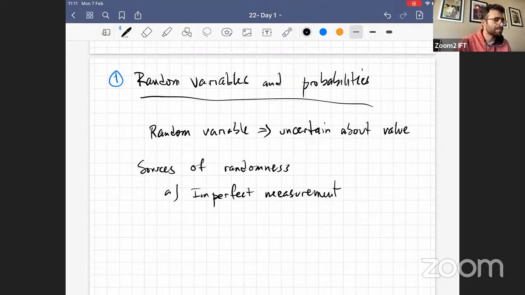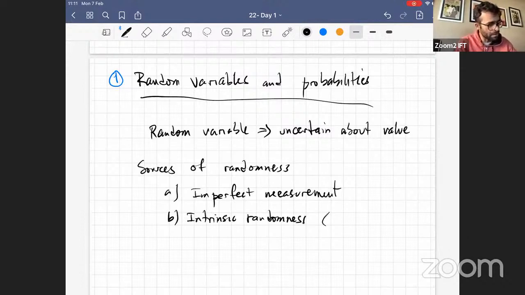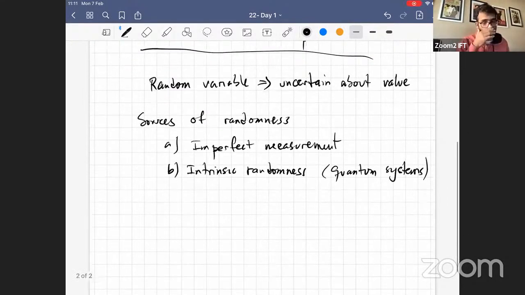But then you have an intrinsic randomness coming from quantum systems, because we know that quantum mechanics is intrinsically random. So even though you may have a completely controlled environment or experiment, you have, for example, the decay of a particle. You are not really sure when the particle is going to decay next.